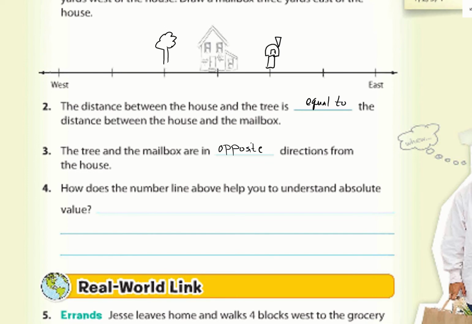Well, if we think about if this is a number line and this is 0, and this is going to be -3 and +3, the absolute values are going to be equal because they're the same distance away from 0.